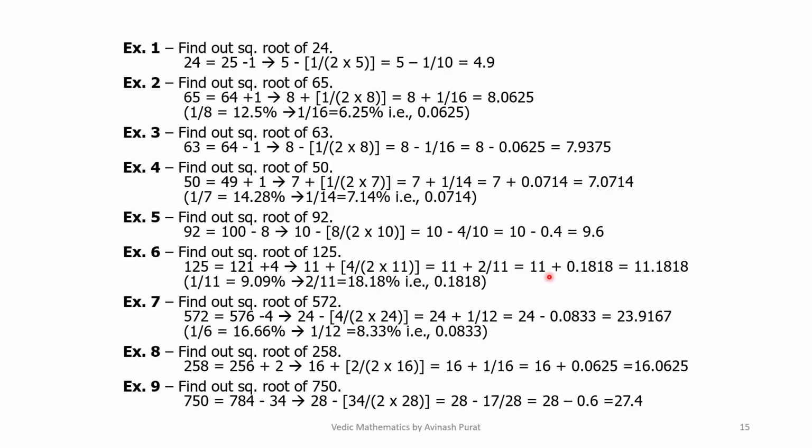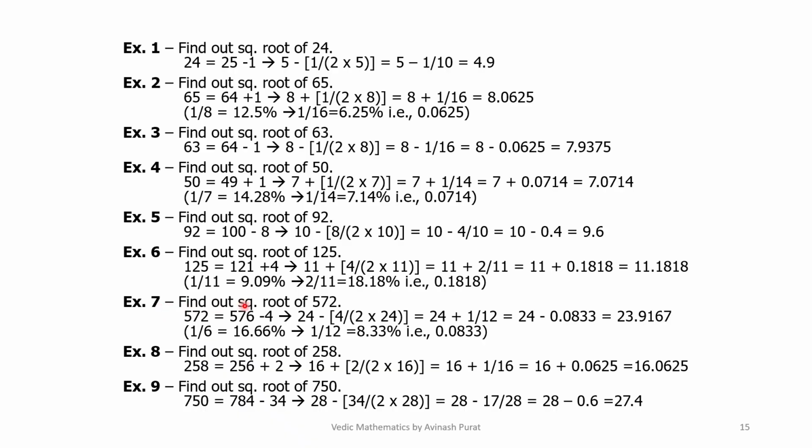So 2 by 11 is 0.1818. So 11 plus 0.1818, that is 11.1818. 1 by 11 is 9.09%. So 2 by 11 is 18.18%, that is 0.1818.